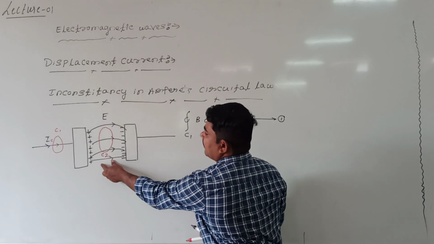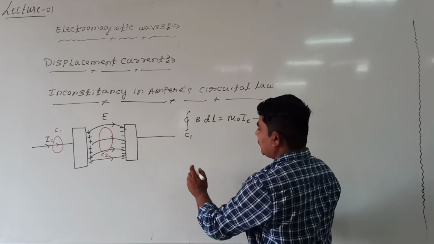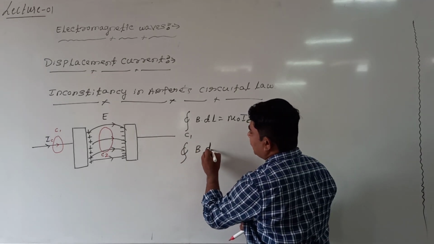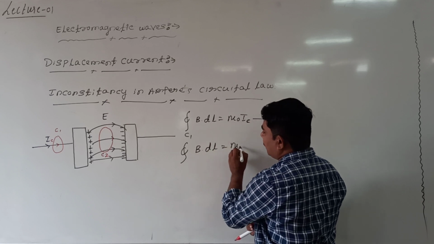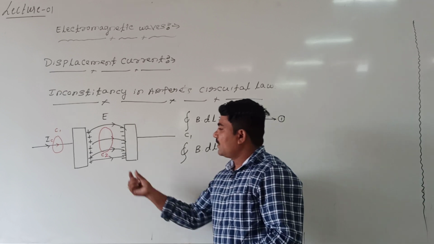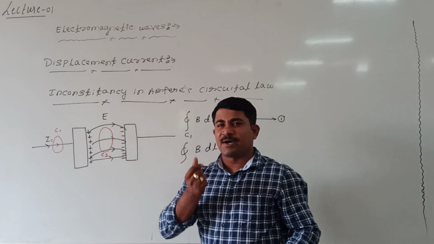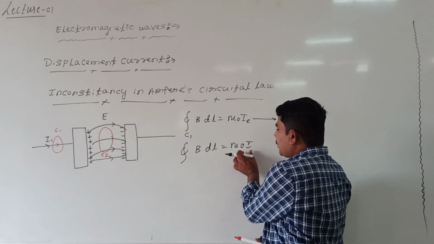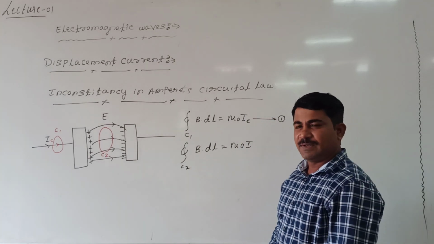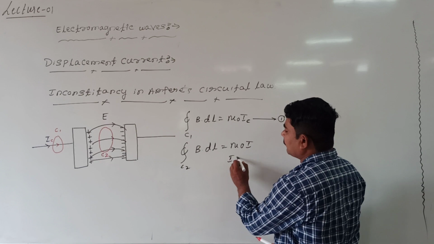Then let us apply Ampere's Circuit Law here. What is it? The line integral of the magnetic field is equal to mu naught times I. But in between the plates of the capacitor, no current can exist. So here no current between the plates of the capacitor in the loop C2.